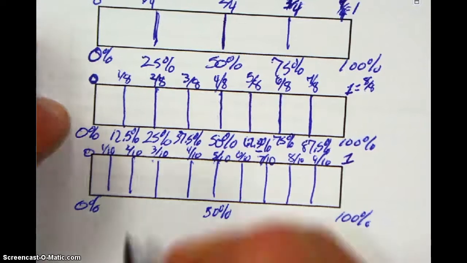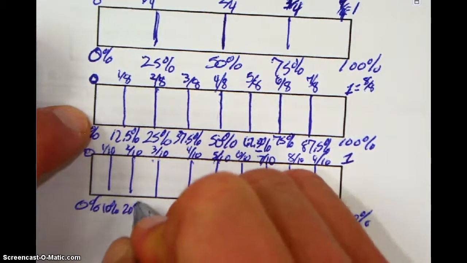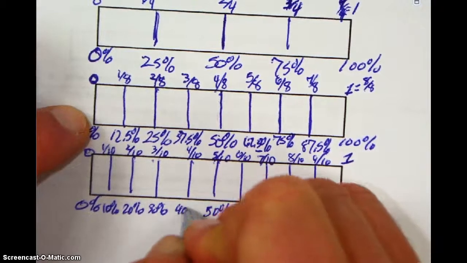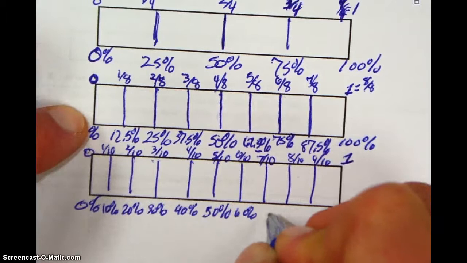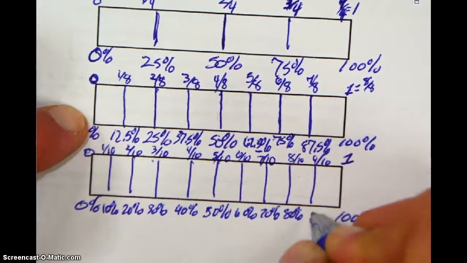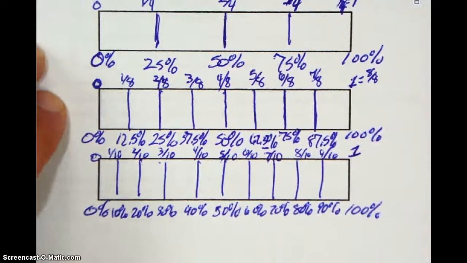Class? 10%. Okay, 2/10. Okay, 3/10. 4/10. Okay, we already have 50. What's 6/10? Okay, 7/10. 8/10. 9/10. All right, cool. Y'all did a really good job on that.